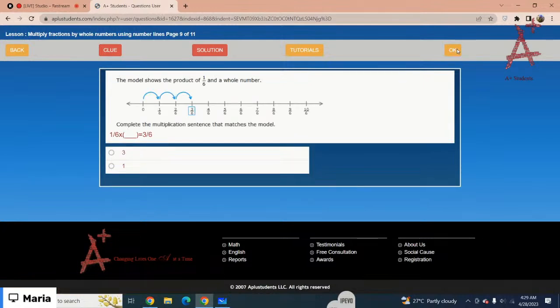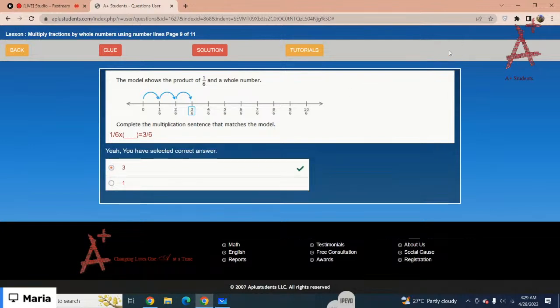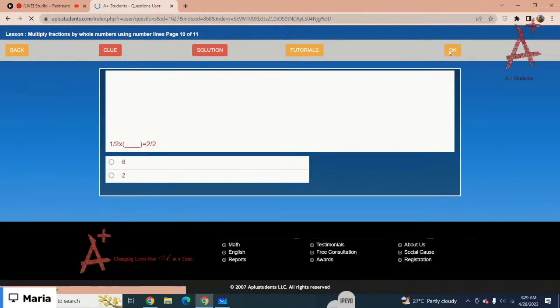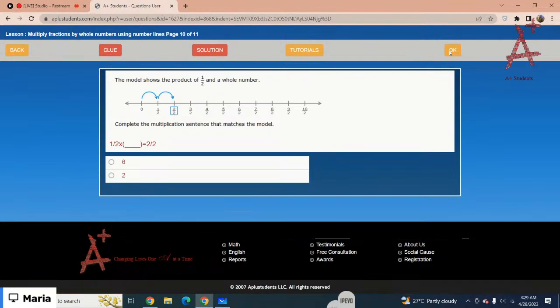Okay, 1 by 6 times the missing number equals 3 by 6. So which is the correct option? Yes, that would be 3. 1 times 3 is 3. So the missing number is 3. Okay, 1 by 2 times the missing number equals 2 by 2.